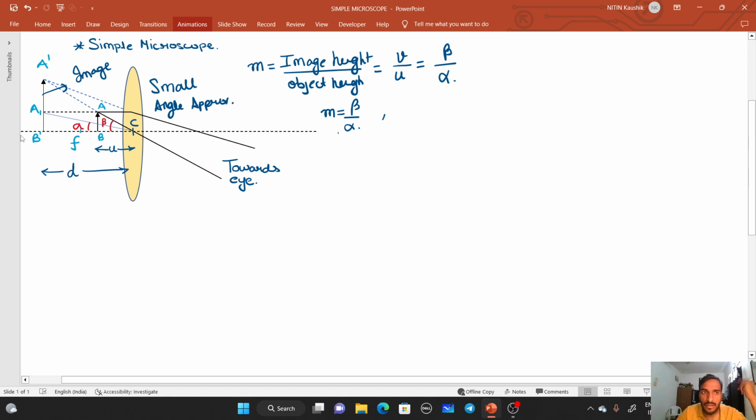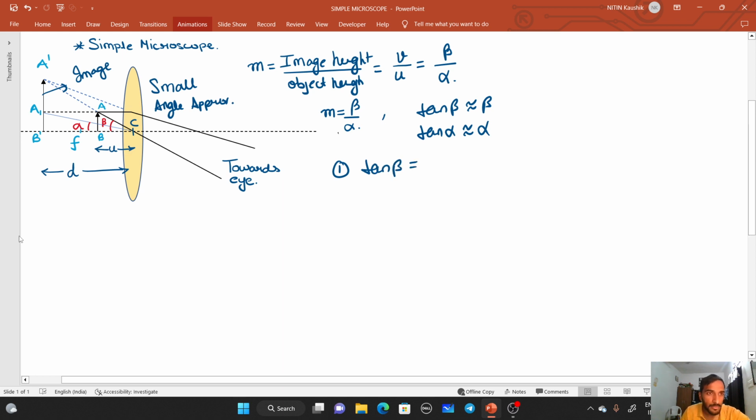Now when we consider the small angle approximation in optics, then we can clearly assume that tan beta is nearly equal to beta and tan alpha is nearly equal to alpha, which is true for small angles, right? So first we will find tan beta.